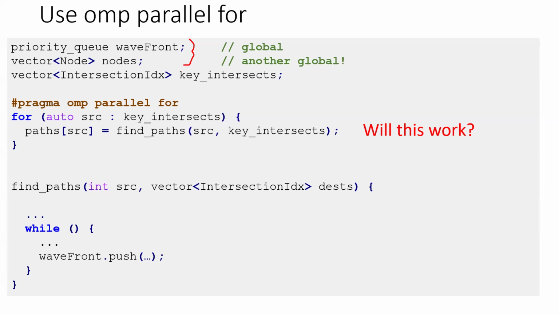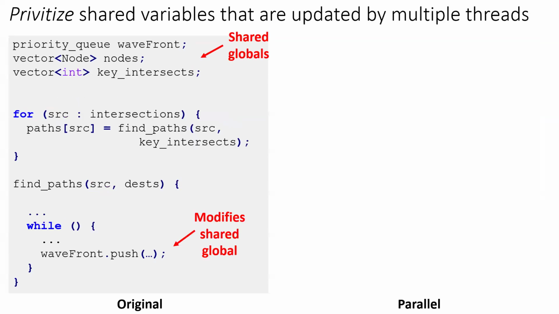Does it really work? So your wavefront, the nodes, the key intersections are all shared globals. And inside the find path, it's doing wavefront dot push.